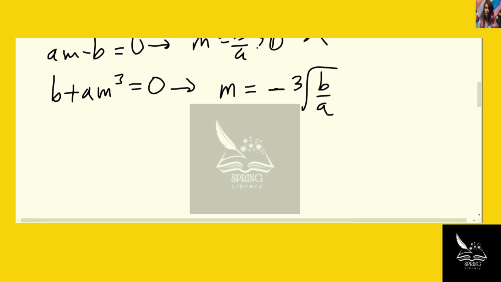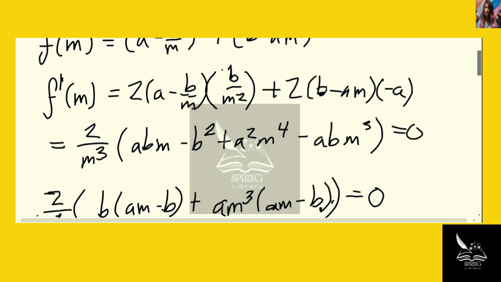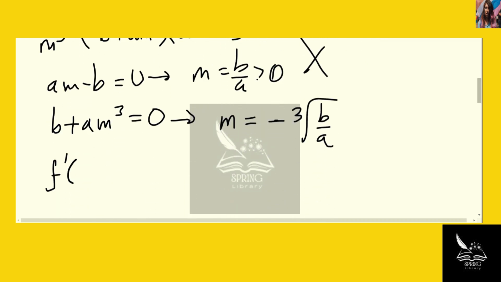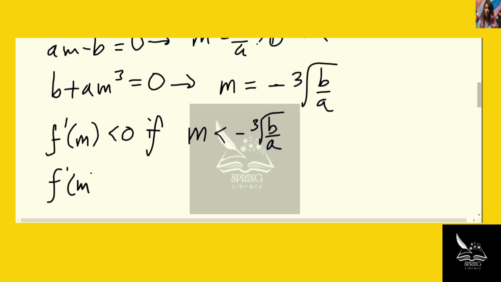Now, in fact, if you think about the way we factored f prime of m, it follows that f prime of m is less than 0 if m is less than negative cube root of b over a, and f prime of m is greater than 0 if m is greater than negative cube root of b over a.